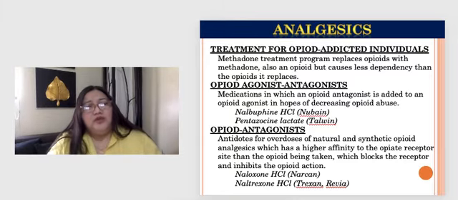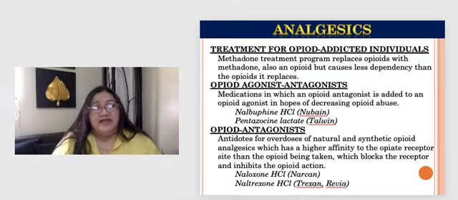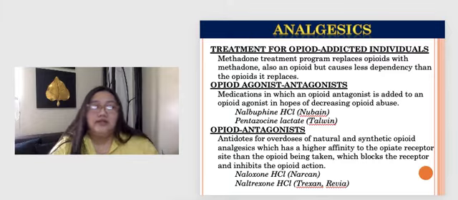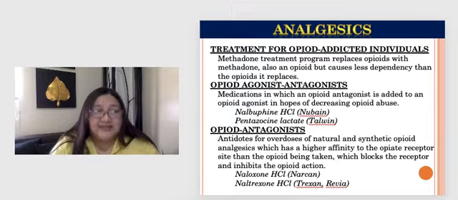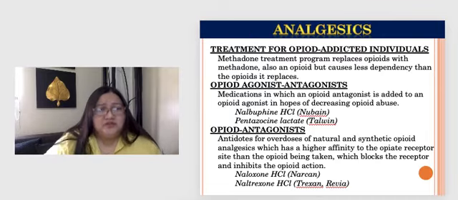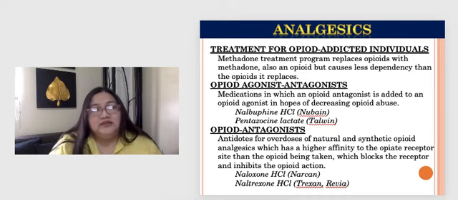Another is opioid agonist antagonists, medications in which an opioid antagonist is added to an opioid agonist. This will decrease opioid abuse. At yun yung nalbuphine or Nubain at saka yung pentazocine.